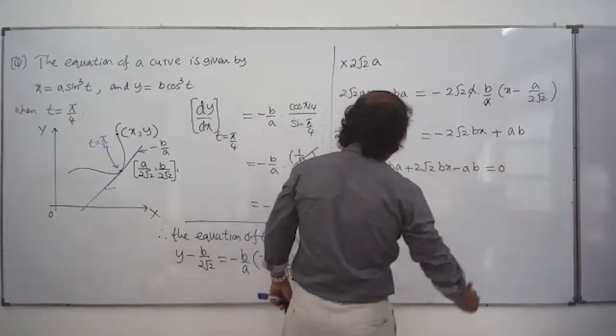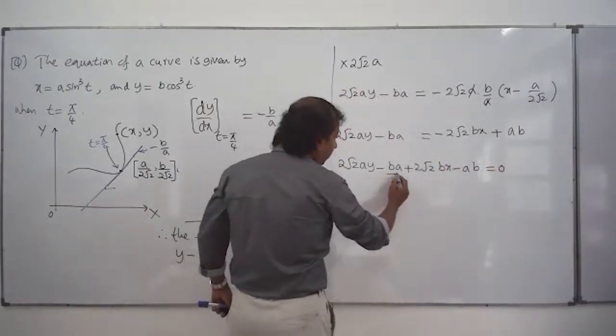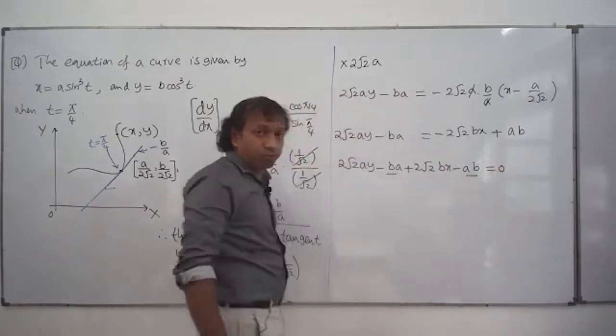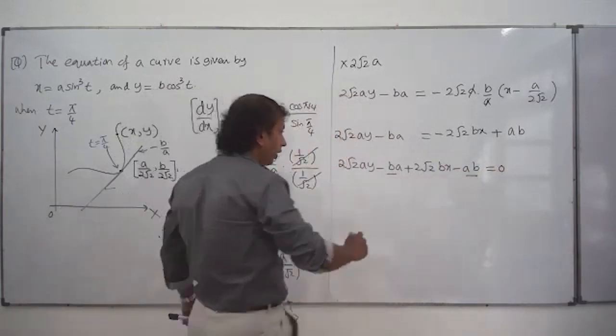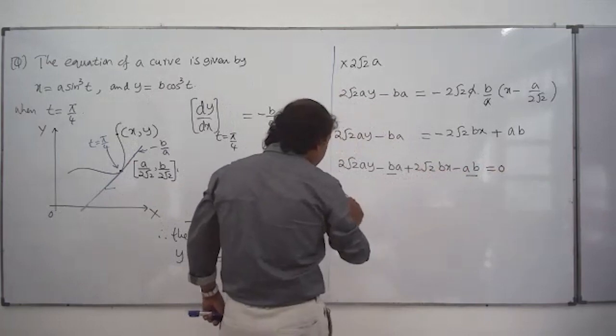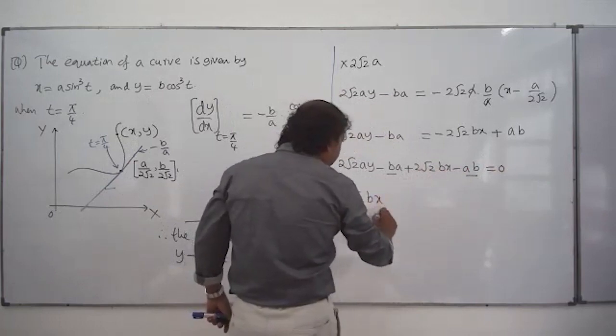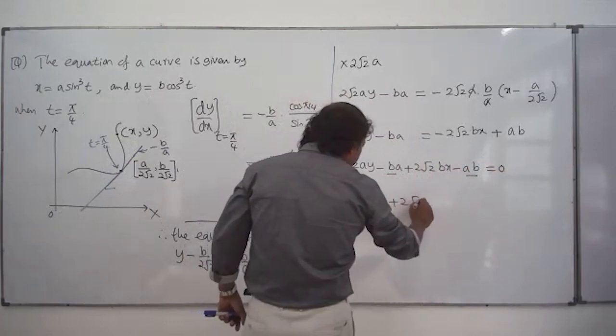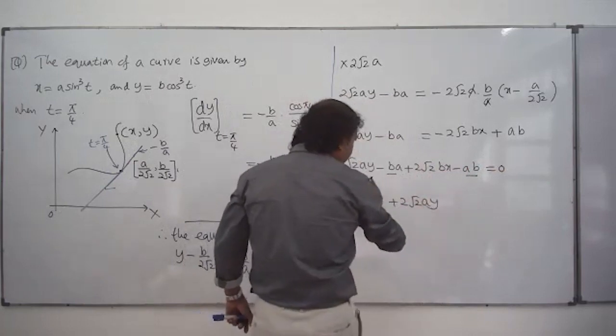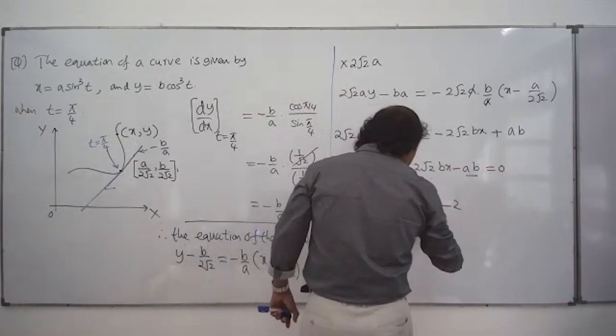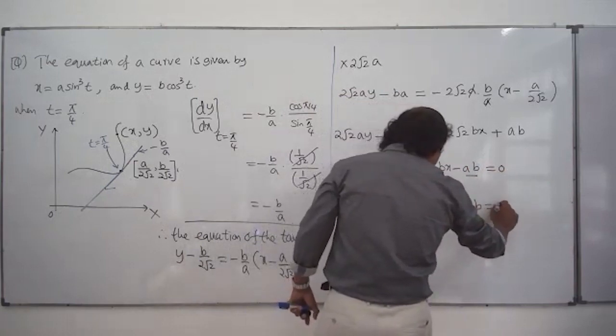Now on the right hand side we have 0. This minus ba, this minus ab is minus 2ab. Then here we can write, I write this term first, 2 root 2 bx plus 2 root 2 ay minus 2 ab equals 0.